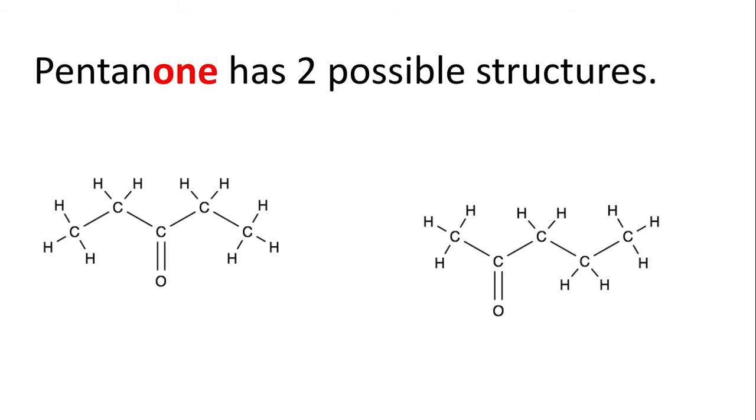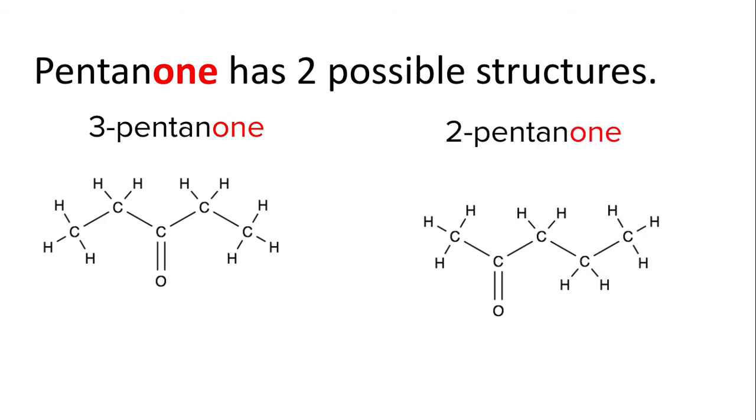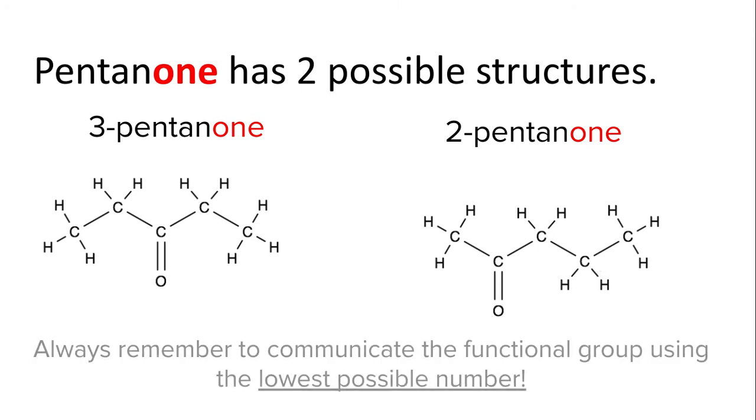But in this first example, this is carbon 1, 2, 3, so this is 3-pentanone. This one here, we number this carbon 1, 2, so this is 2-pentanone. These are the only options. If I put this carbon oxygen double bond up over here, we'd still have 2-pentanone, because you always have to communicate the functional group using the lowest possible number.